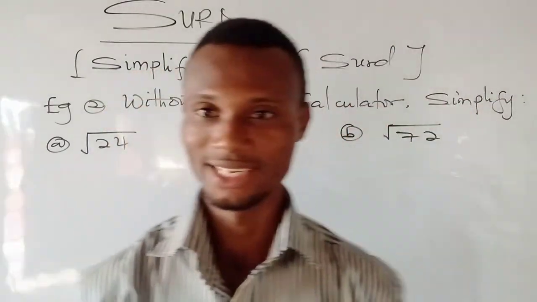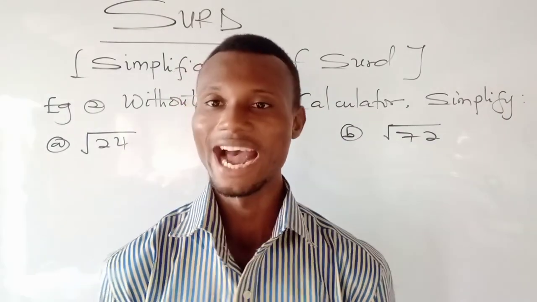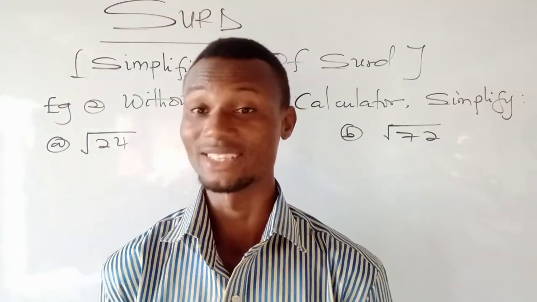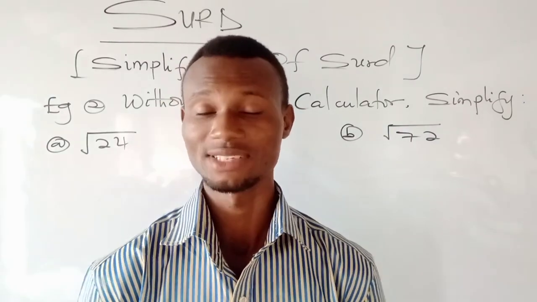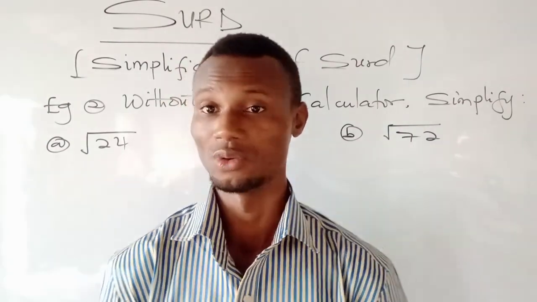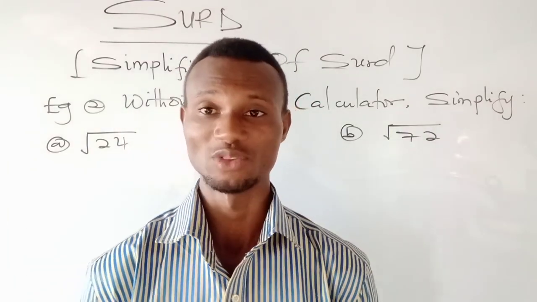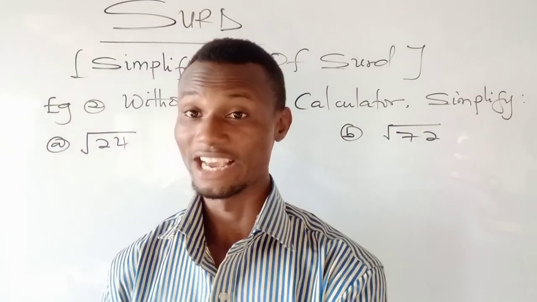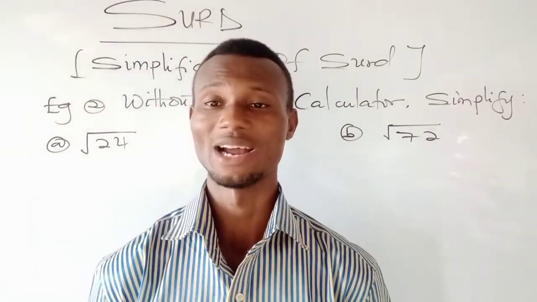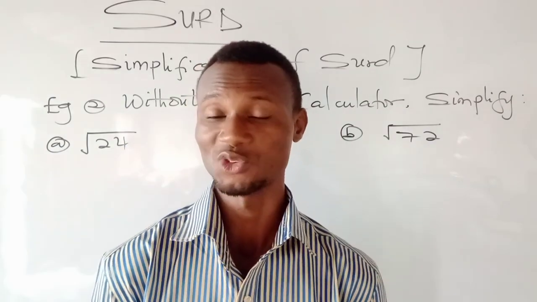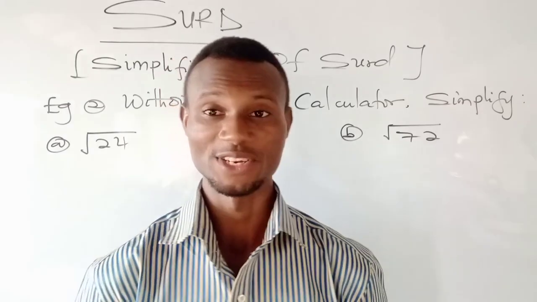I did a detailed explanation on what set is, and we also looked at other things that will help us simplify set, and that is a perfect square. I taught you what a perfect square is in the first video, because without your knowledge of a perfect square, you cannot handle the simplification of set. I did all those explanations in the first video.